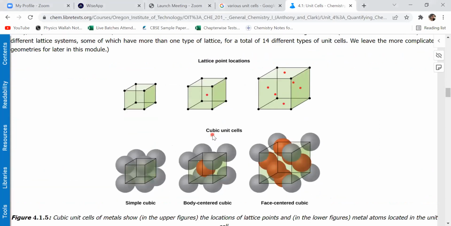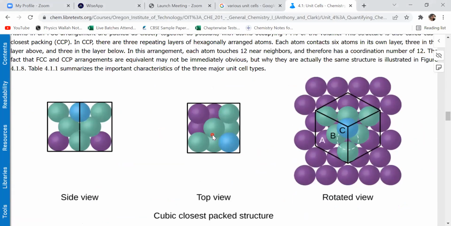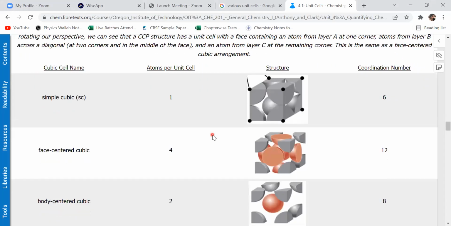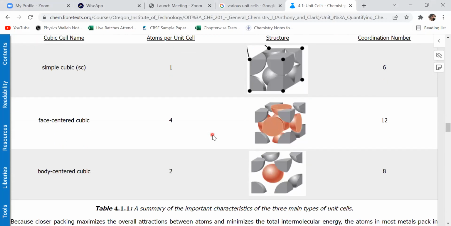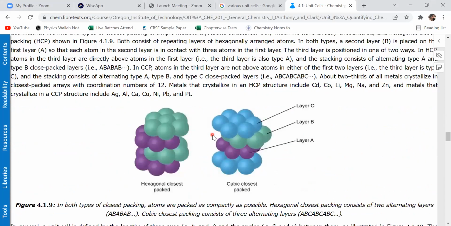We'll come to this. I want to show the monoclinic. So you know the simple cubic, face-centered cubic, and body-centered, how they look. Please ask me a doubt if you don't understand.